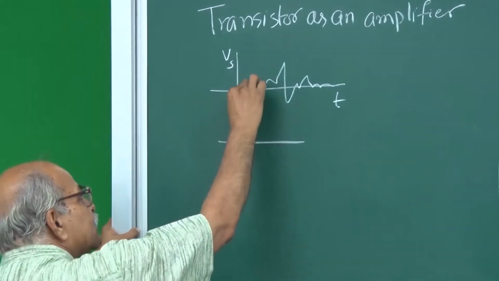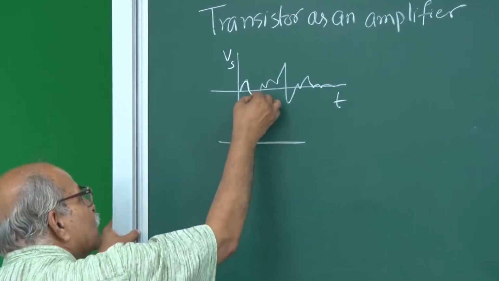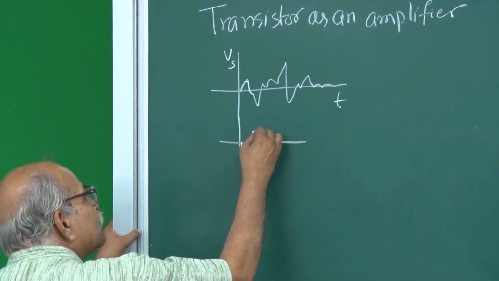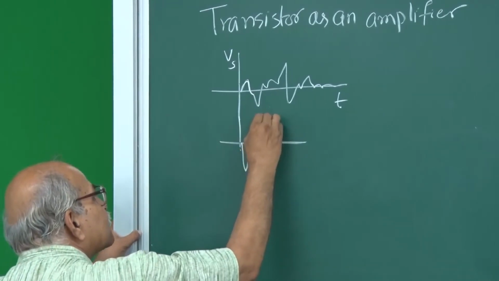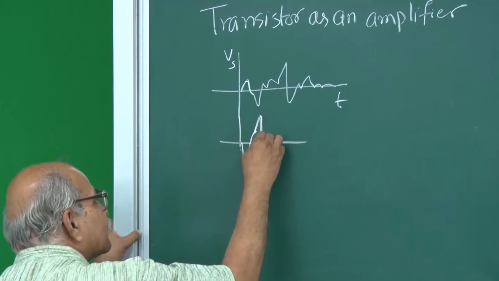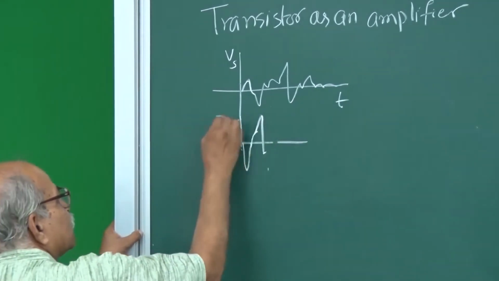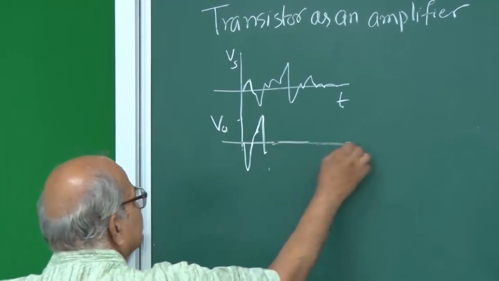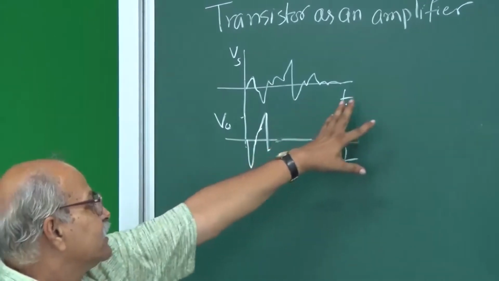Then when it is going down, it is going up. So, it is going up and it is going further down, and then it is going further up, and so on and so on. So, this kind of inversion will take place everywhere. Okay, so, this is your output voltage as a function of time. I have drawn only a small part, I cannot draw the entire thing so nicely.